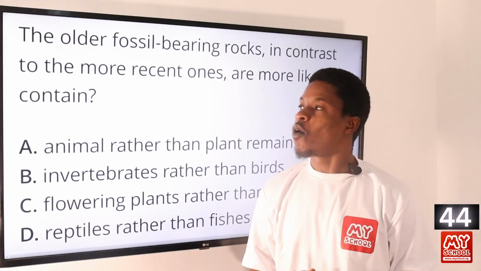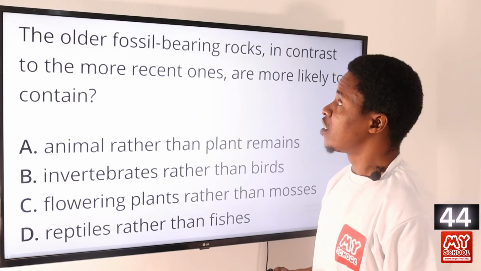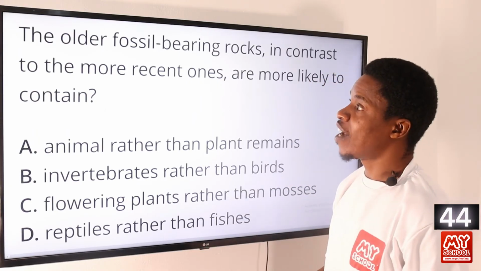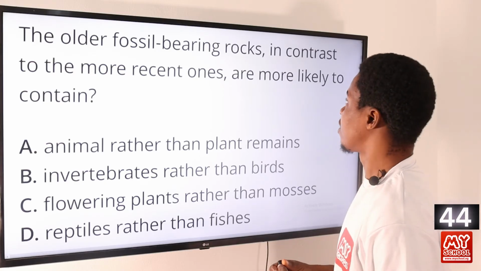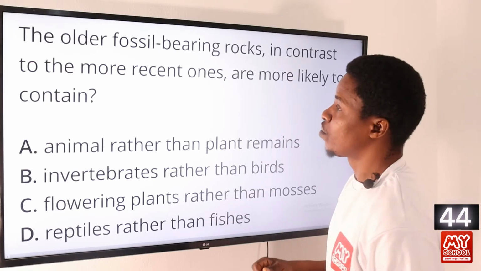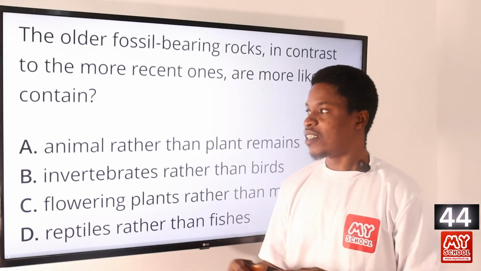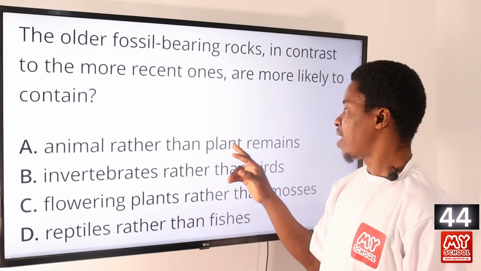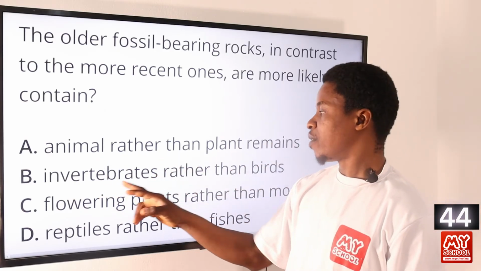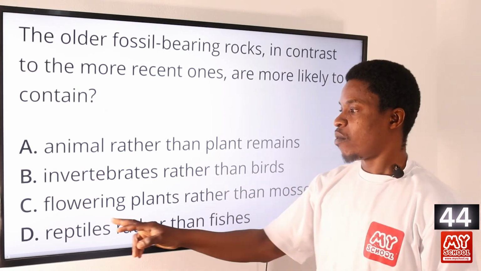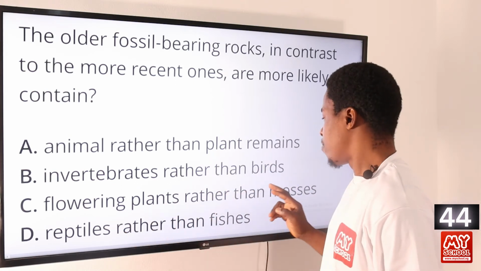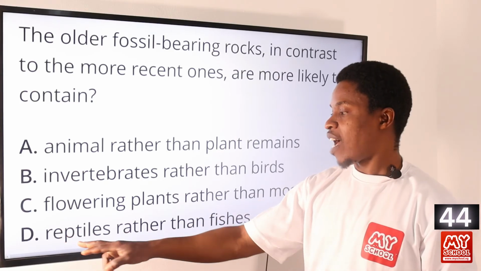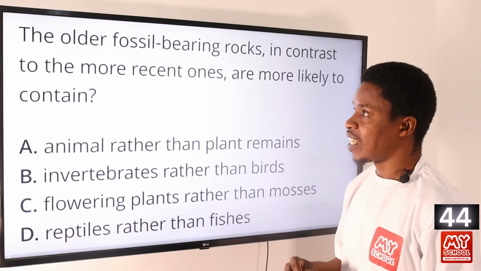Question number 44. The older fossil-bearing rocks, in contrast to the more recent ones, are more likely to contain what? We have animal rather than plant remains, invertebrates rather than birds, flowering plants rather than mosses, reptiles rather than fishes.